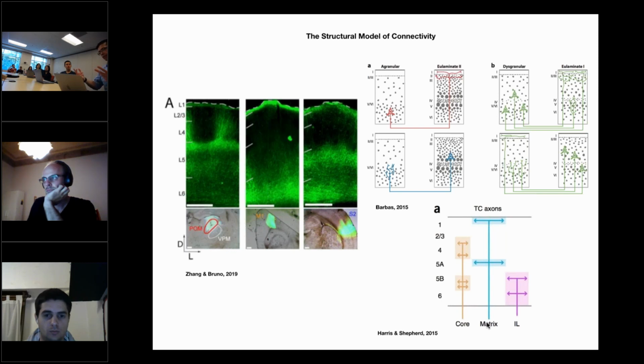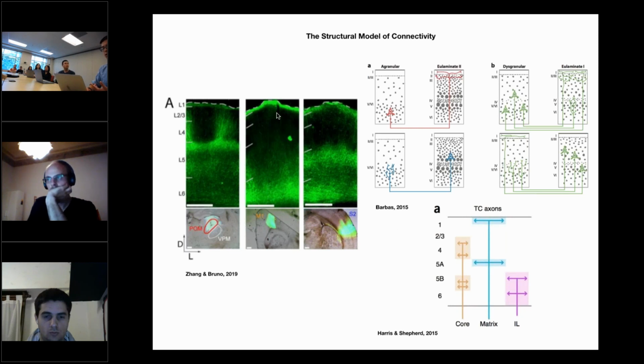And remember, there are different protein bindings that define these cells, these lines of cells. So here is the model, right? The matrix connects to layer 1 and layer 5A. That's exactly what you see here. So layer 1 is here, so it's very intense in its color.